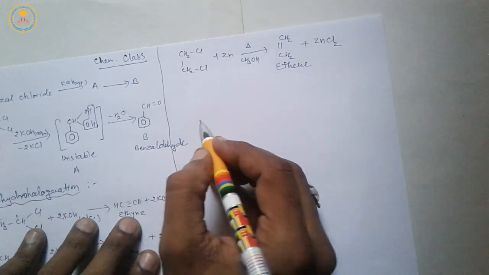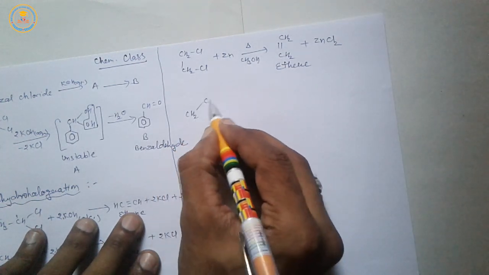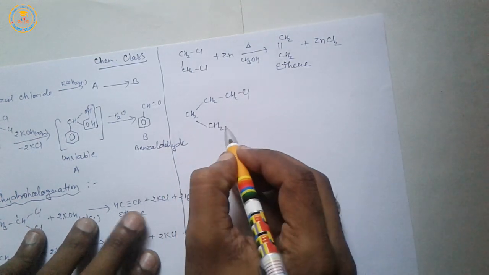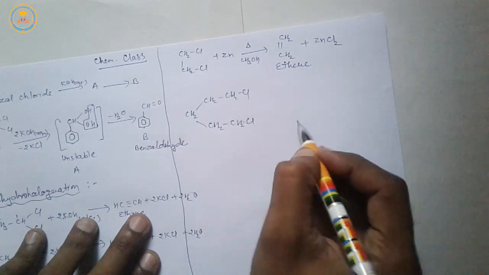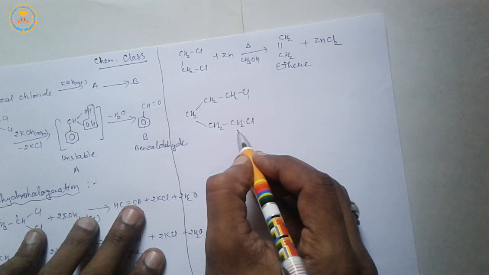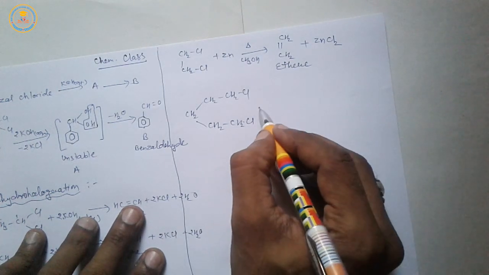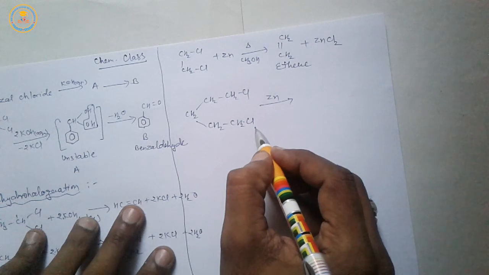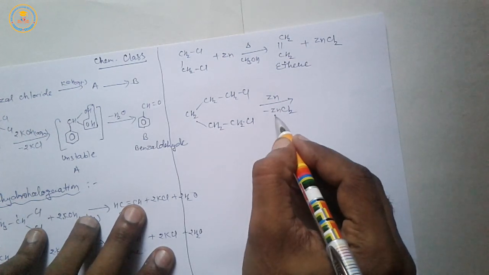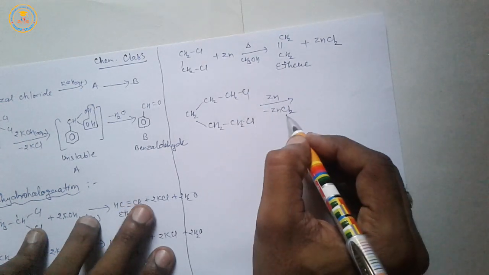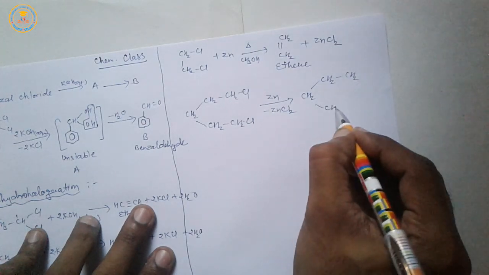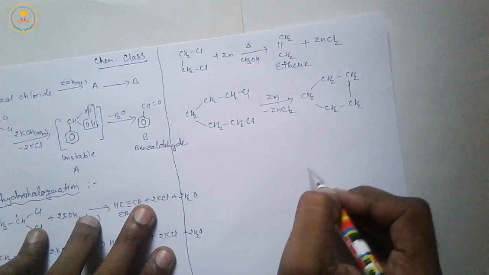So it is a polymethylene halide, 1,5-dichloropentane, treated with zinc. Similarly, after removing a zinc chloride molecule, cyclopentane is formed here.